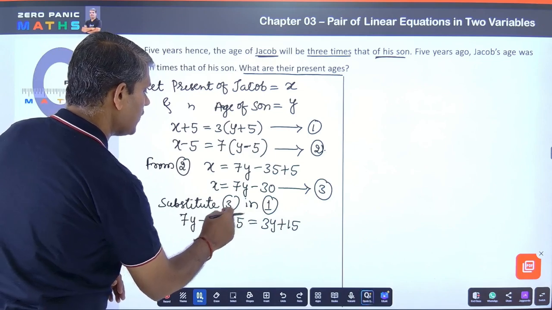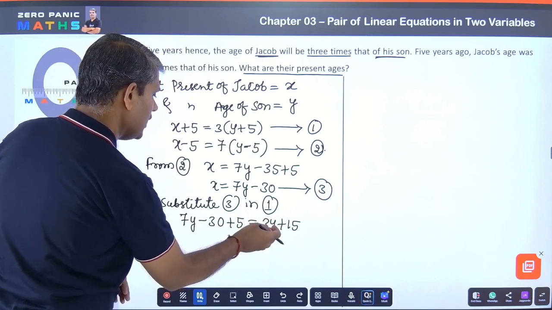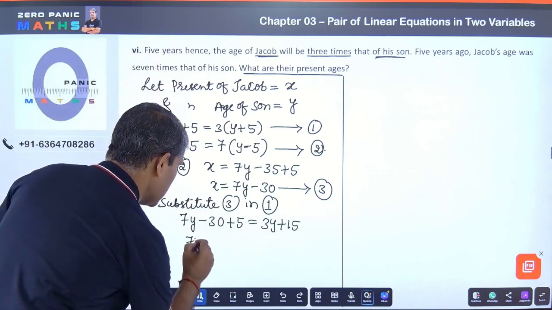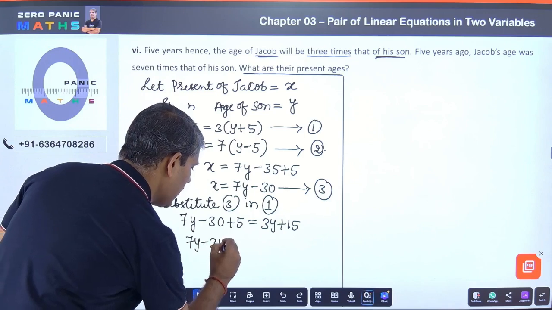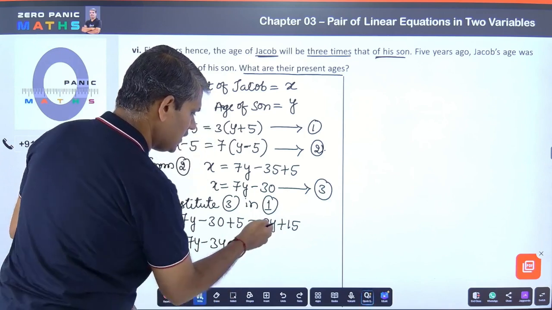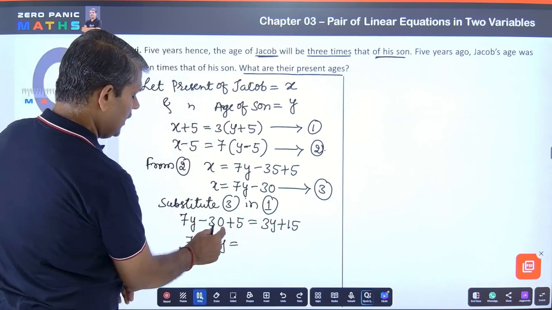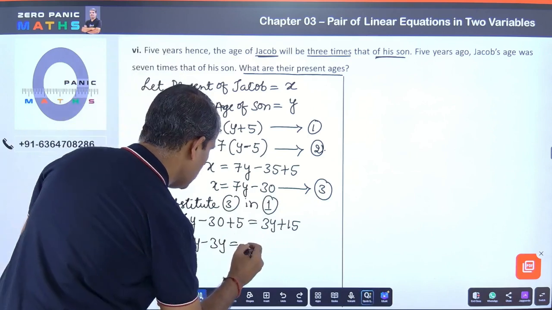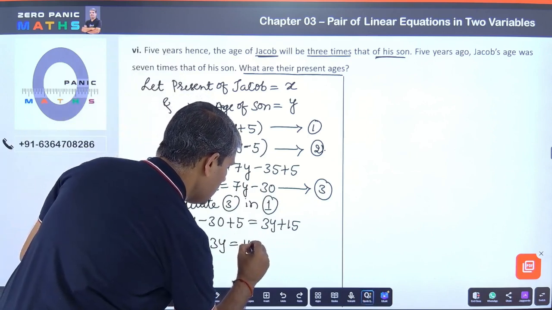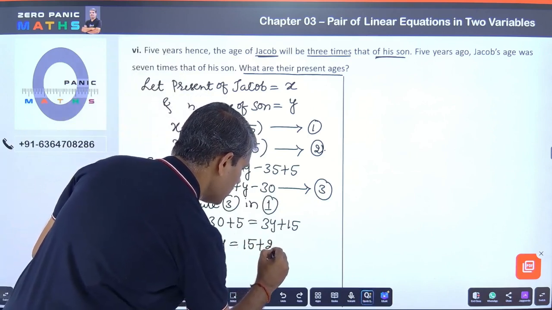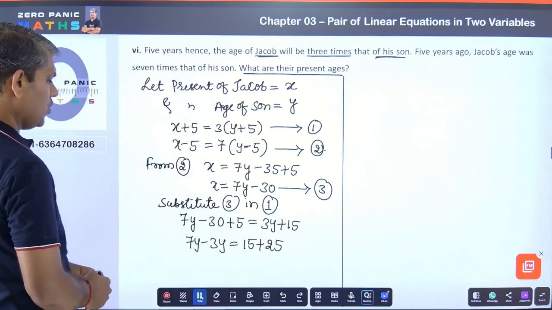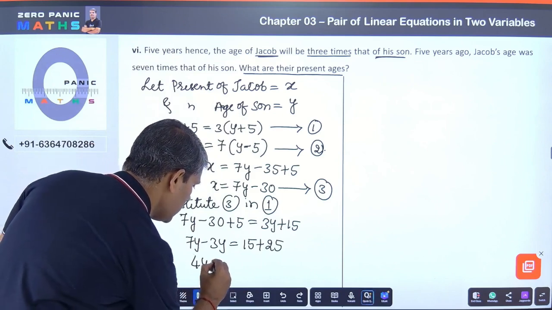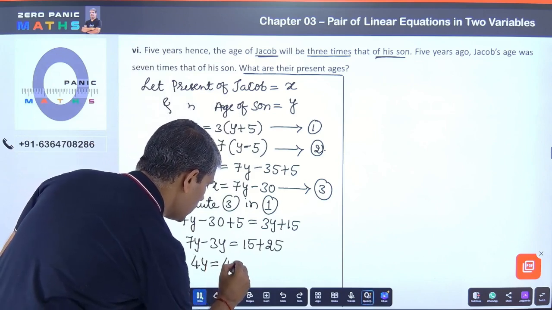Take minus 25 to that side and take 3y to this side. That will give me 7y minus 3y, and on the other side 15 plus 25. So 7y minus 3y is 4y, and that is equal to 40.